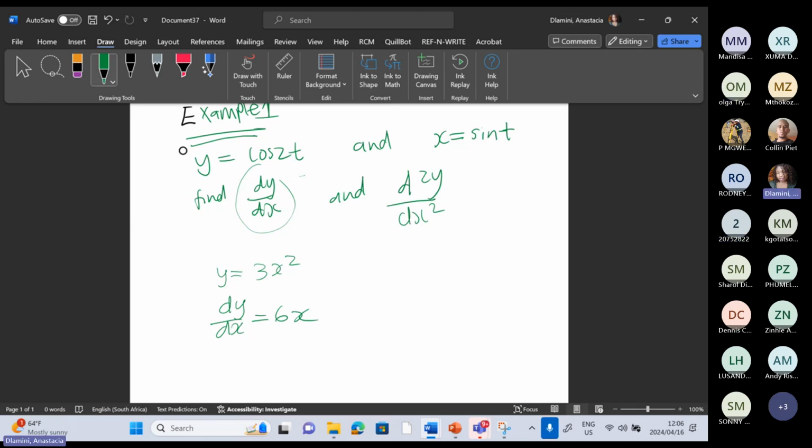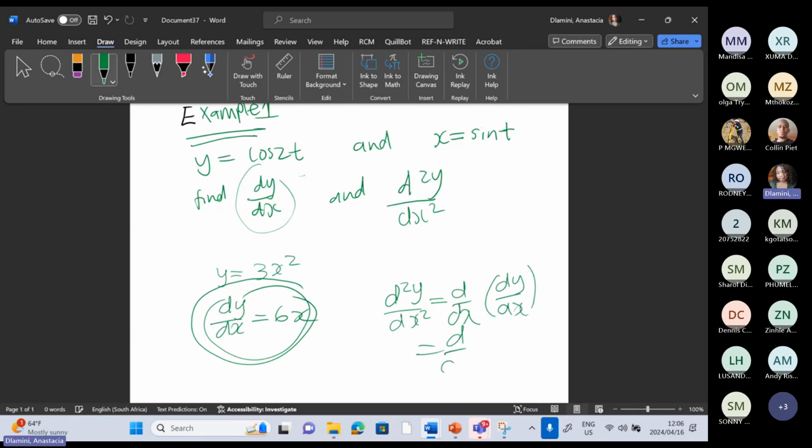Yes, ma'am. And we know that the second derivative of that is just the derivative of dy over dx, so you're differentiating 6x with respect to x, and you get 6. Are we all together on how we did it before?